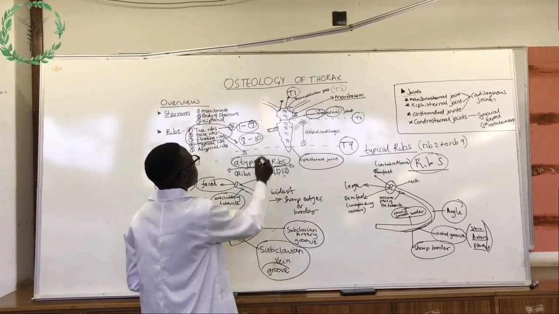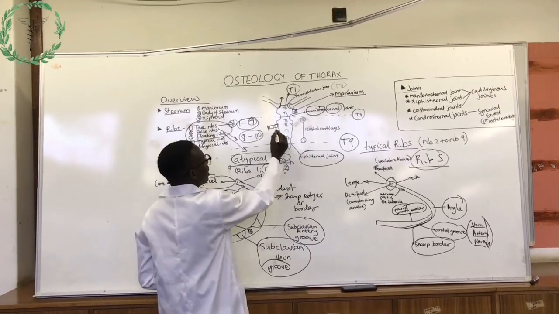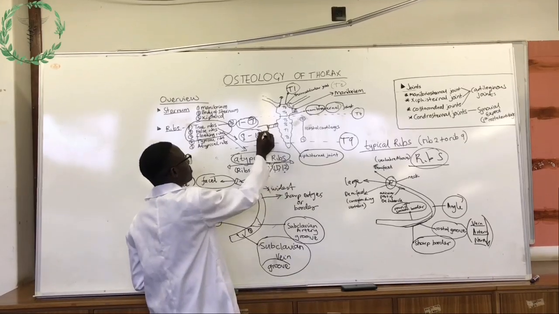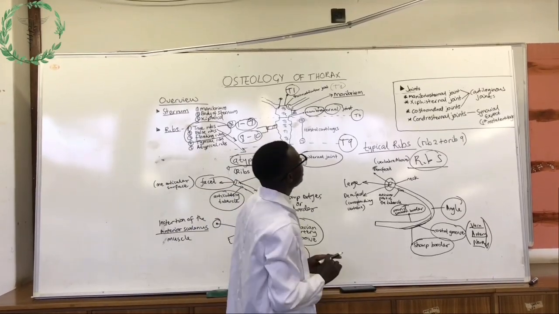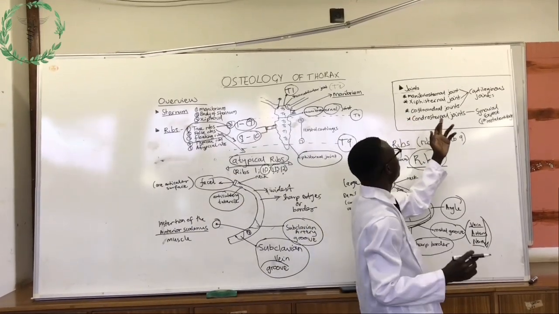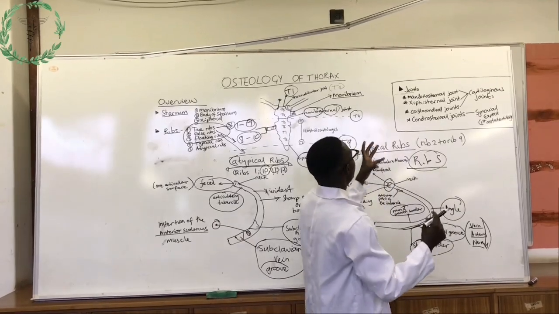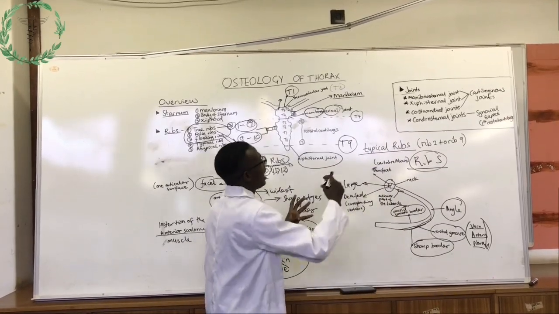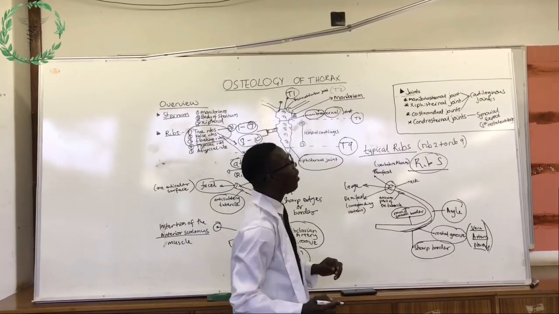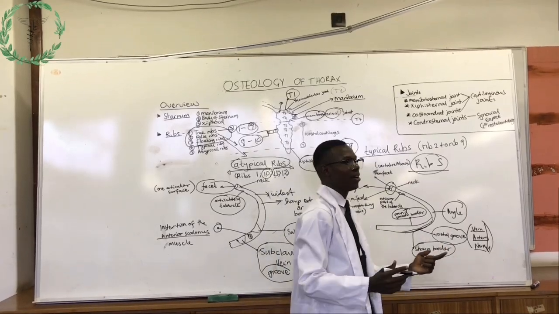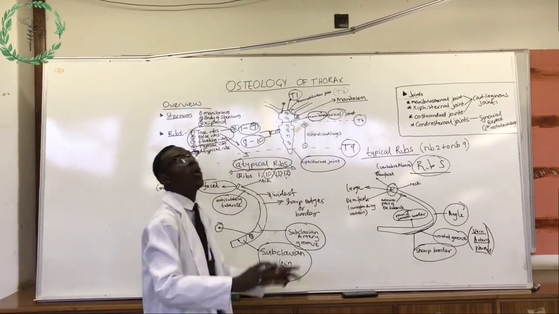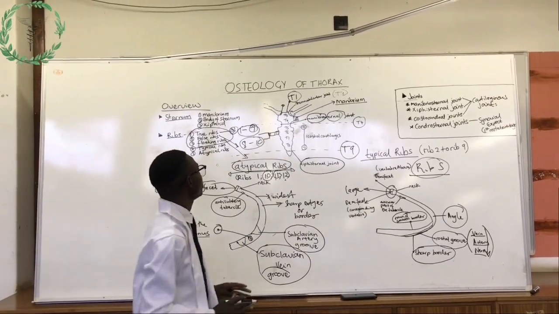We have costal cartilage, and then we have a rib. So the costochondral joint is between the rib, costal meaning rib, and the cartilage, chondral meaning cartilage. These are also cartilaginous joints, all of them.